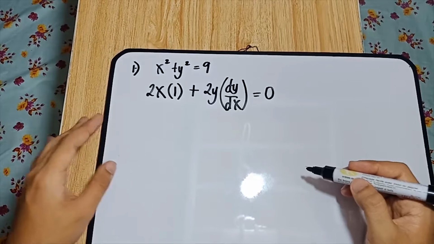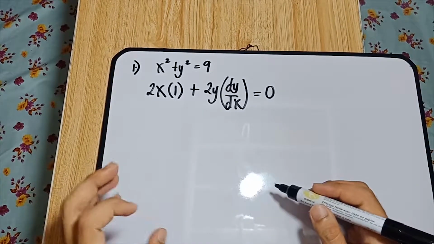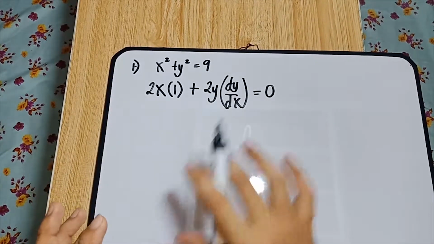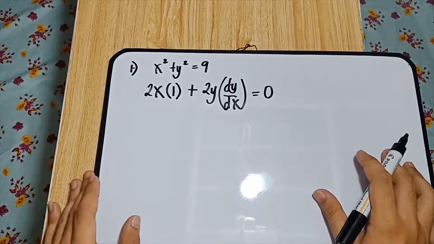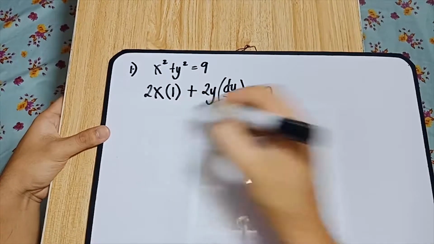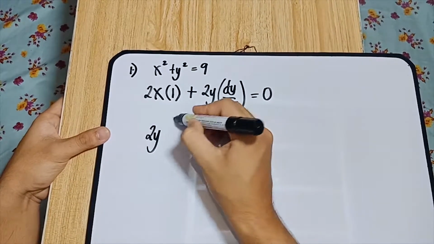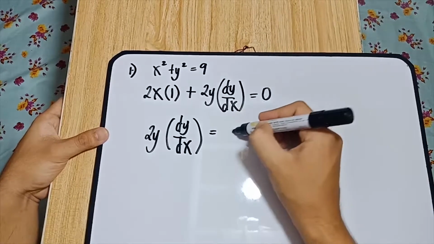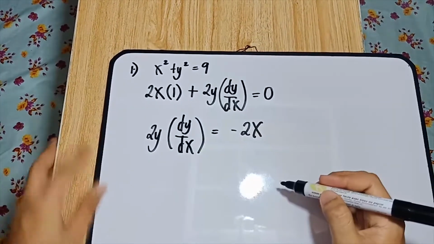So next step, kailangan yung ating dy over dx ay nasa kaliwa. Lahat ng may dy over dx nasa kaliwa at lahat ng wala ay nandun sa kanan. So ihiwalay ko lang yan. So let's have 2y multiplied by dy over dx equals negative 2x.